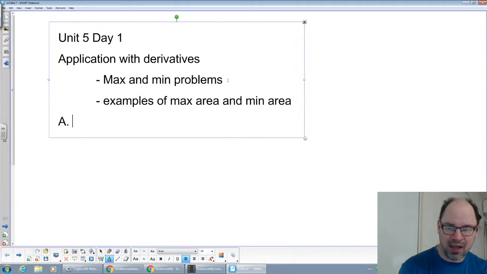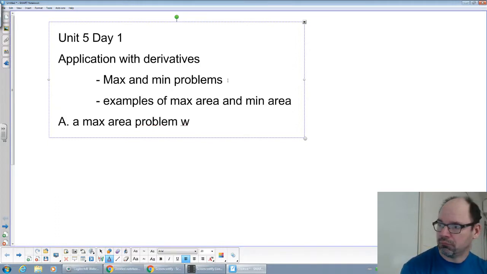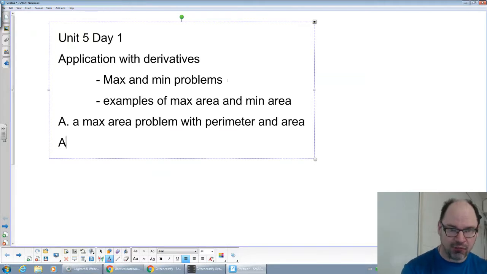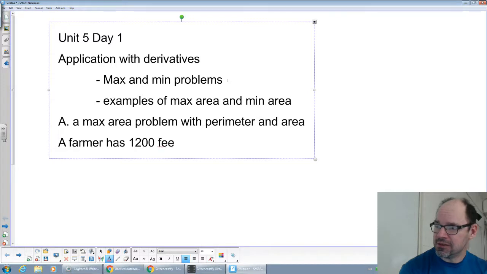is we're going to look at a max area problem that uses perimeter and area. Okay, so like a fencing problem. Okay, so let's set it up. So a farmer has 1,200 feet of fence wire. Okay.